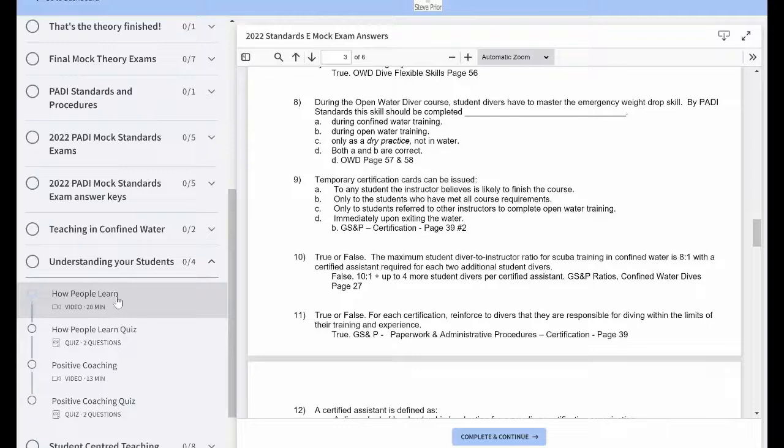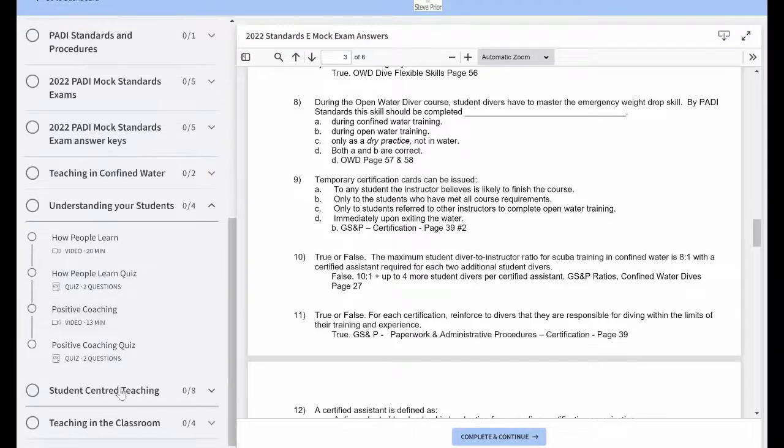We've got subjects on psychology and positive coaching, which is a really fantastic way of teaching people and correcting mistakes. It gives empowerment to your students. It gives them ownership of their own learning, and the judge of the success is down to the student. So really the next thing here is student-centered training.